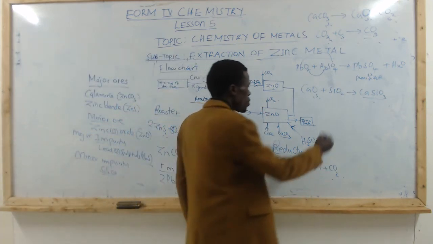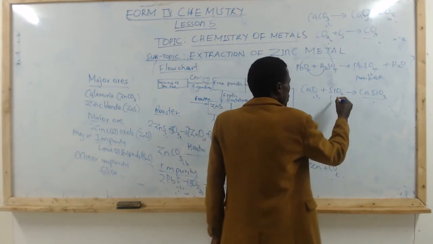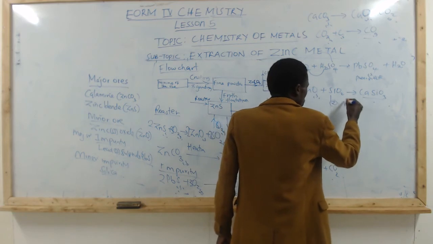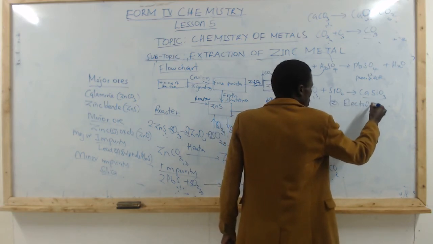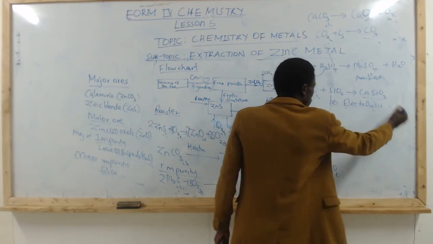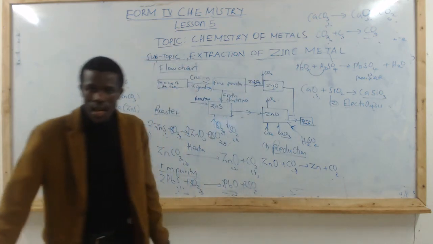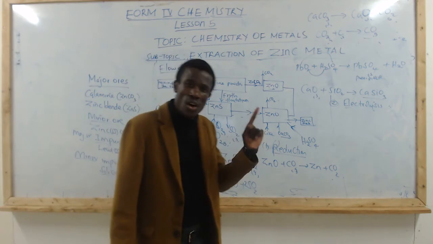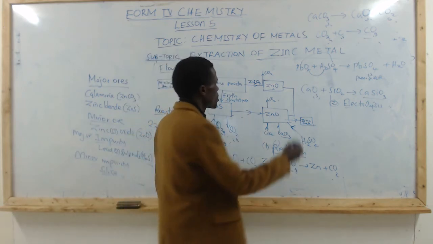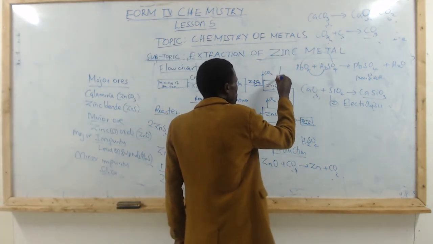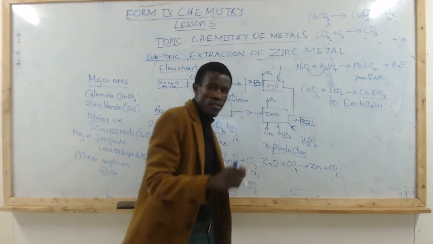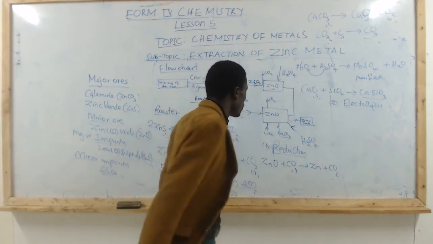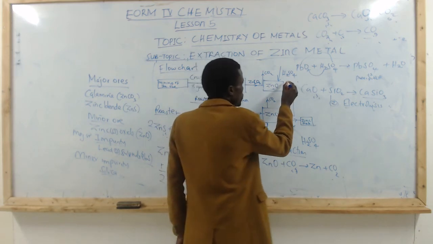We can also extract zinc using electrolysis. Electrolysis, we can use it to extract zinc. Now, number one, you must form the solution of zinc. So, sulfuric acid is added to zinc oxide to form zinc sulfate.